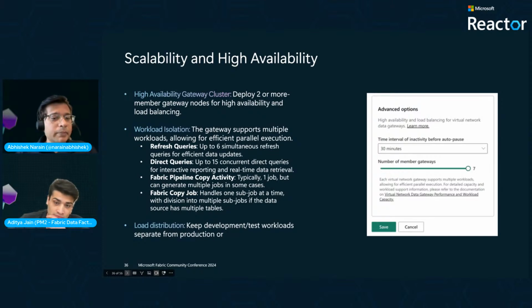If you're using pipeline copy activity that you saw in the demo, it's probably 1 per node, or it can be more based on what kind of copy you're doing. And this makes sense because now you can plan your gateway sizes. You can actually create more gateways. And one recommendation that I'll have in the next few slides is load distribution.